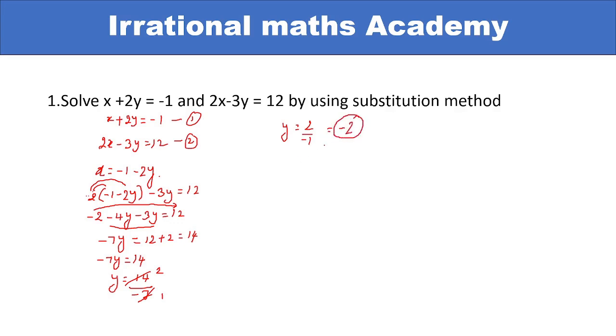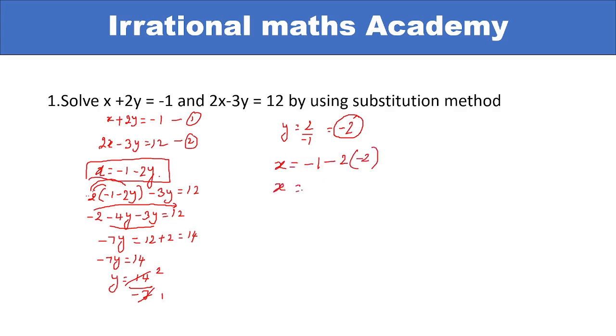Is this clear? Now that I got the y value, I'll substitute in any of these equations to find the x value. Better I'll substitute in this one, where it is easy to get the value. So x equal to minus 1 minus 2 into the y value, minus 2.